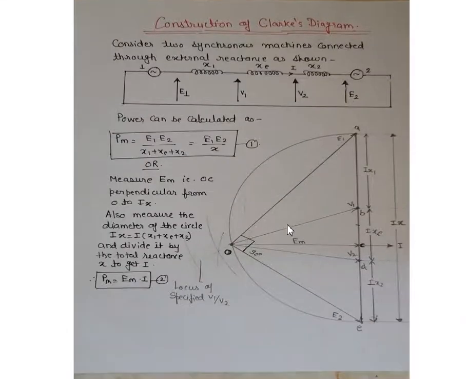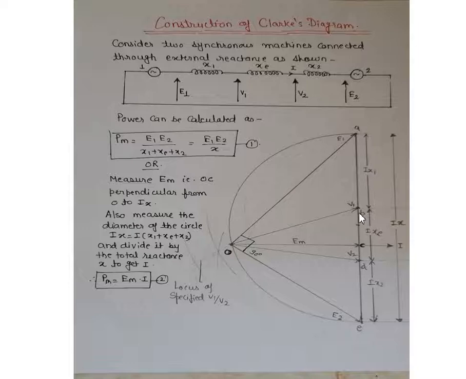So what we do here is locate this point O on the semicircle by constructing various arcs. For that, we select the ratio. Can you observe here this V1 and V2? We select this V1 and V2 ratio as a constant and take it in our compass as radii.